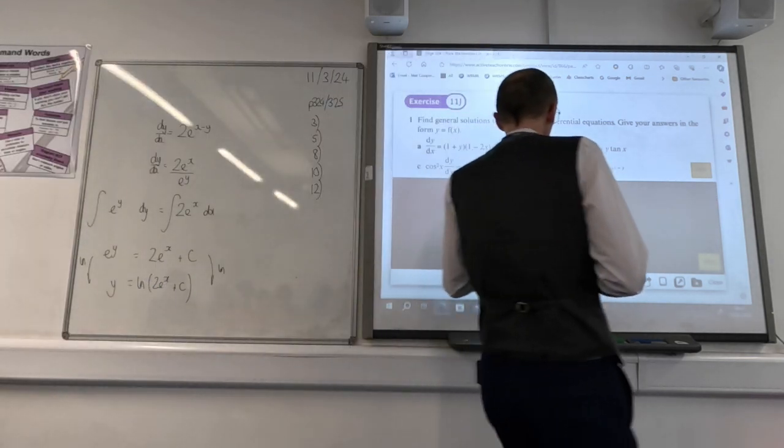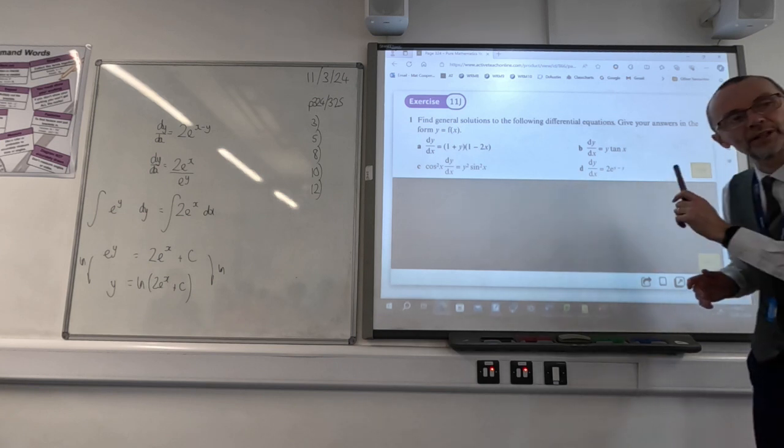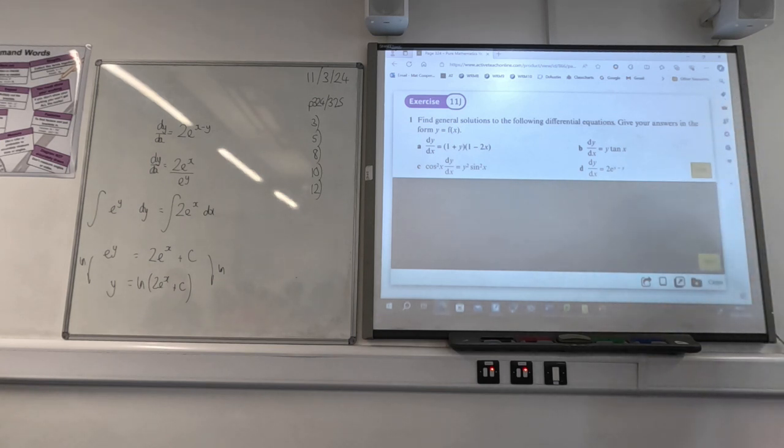So I have two variables, x and y. I separate them and I do it as two separate integration sums. I write a single constant, and if it just wants a general solution, my work is done. If it had asked for a particular solution, I'd be looking for a pair of values to substitute in.